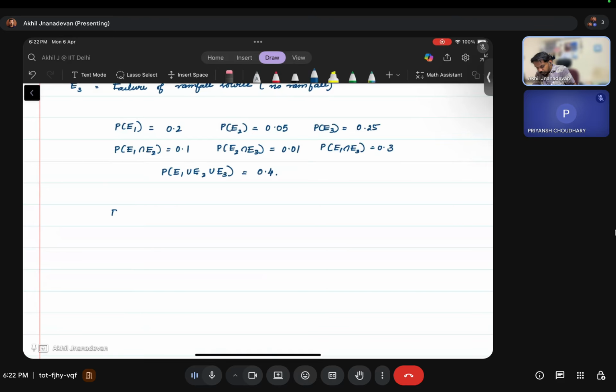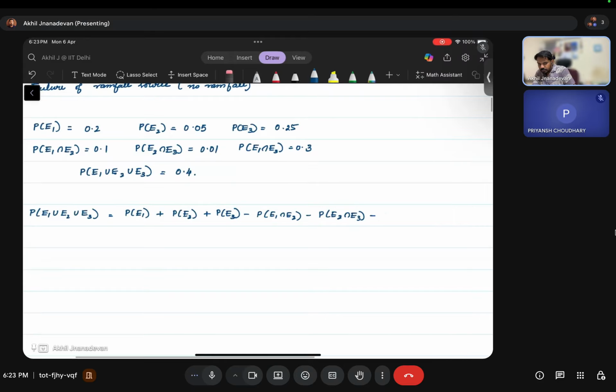Now using the union theorem, probability of E1 union E2 union E3 is given as probability of E1, so this should be familiar to you, plus probability of E2 plus probability of E3. Then we have to subtract the intersections: probability of E1 intersection E2, minus probability of E2 intersection E3, minus probability of E1 intersection E3.